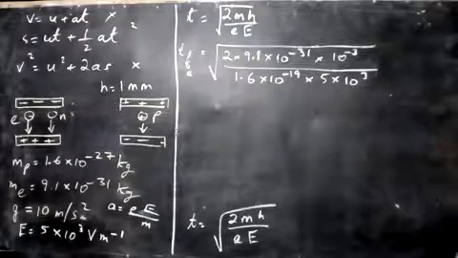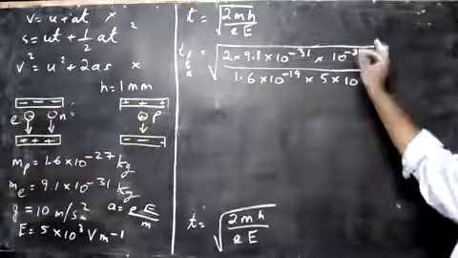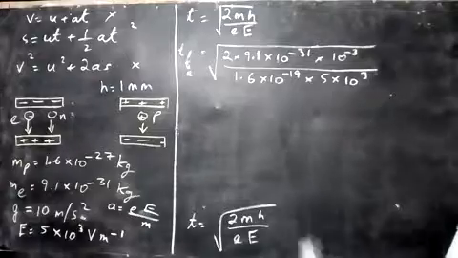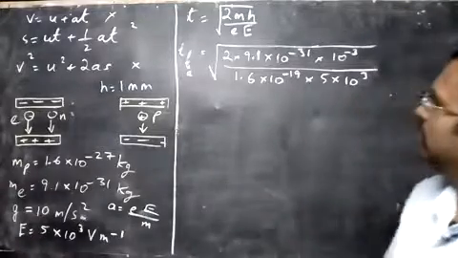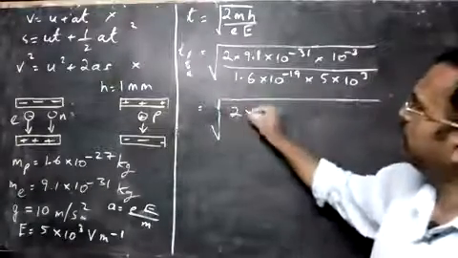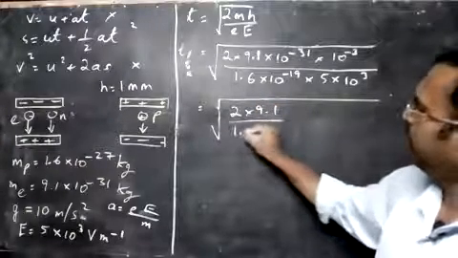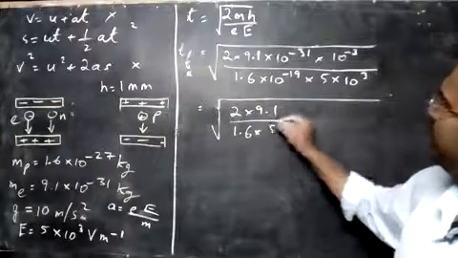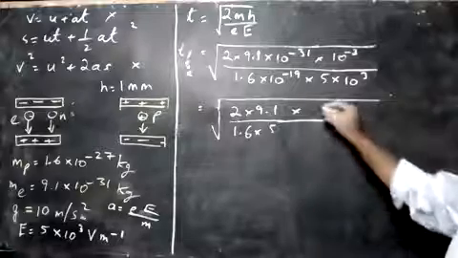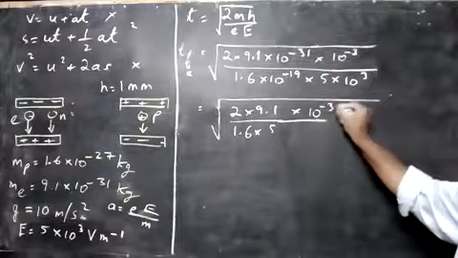First we group all the numbers together and then solve the powers of 10. So we get root of 2 into 9.1 divided by 1.6 into 5. In the numerator, the power of 10 is minus 31 minus 3, so minus 34.